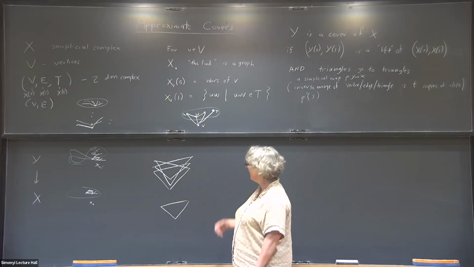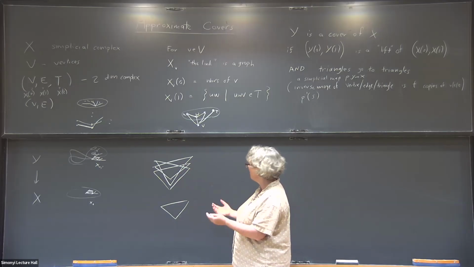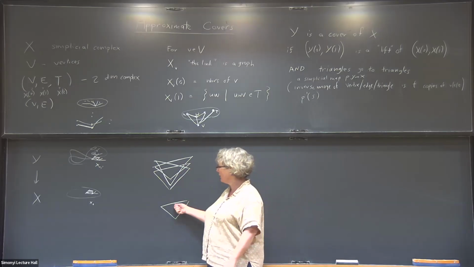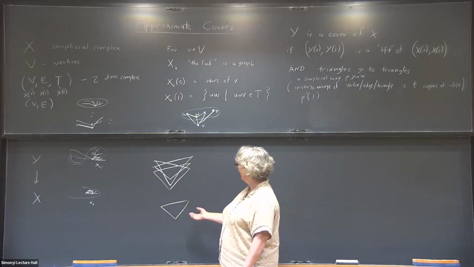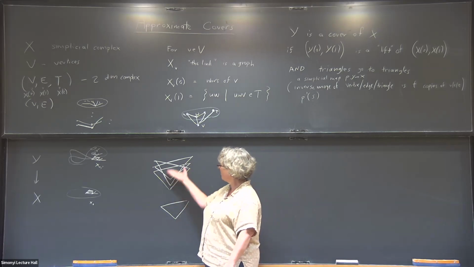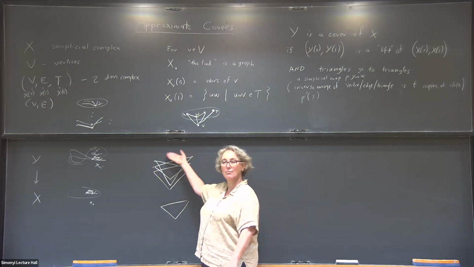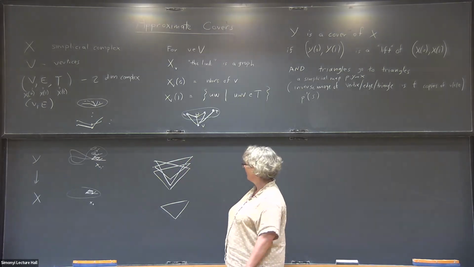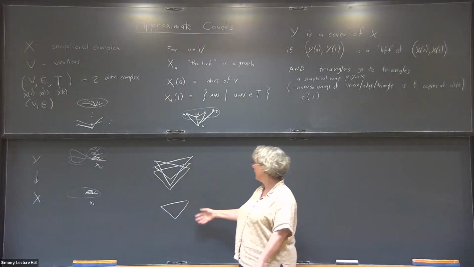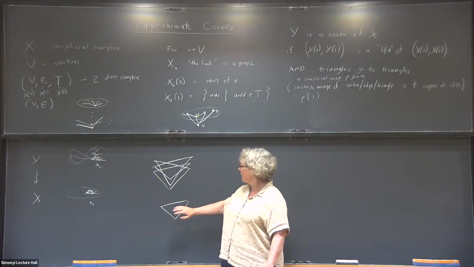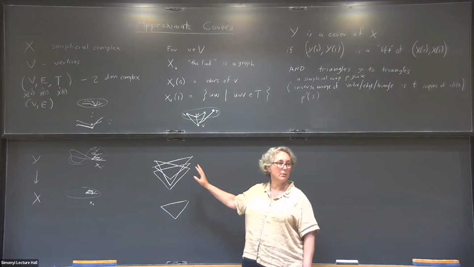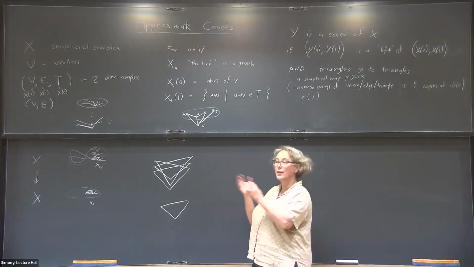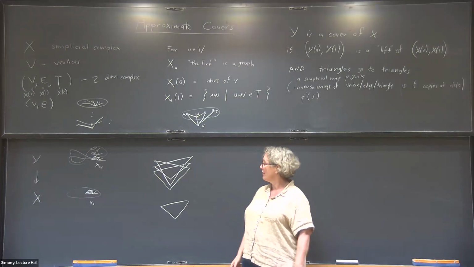Maybe I can do the following simple test. Choose one of the triangles of X at random and see whether the pre-image is a nice 3 copies of triangles, or maybe it's not. I can count that and say, okay, 99% of the triangles are covered properly, but maybe for 1% of the triangles, it's not working.